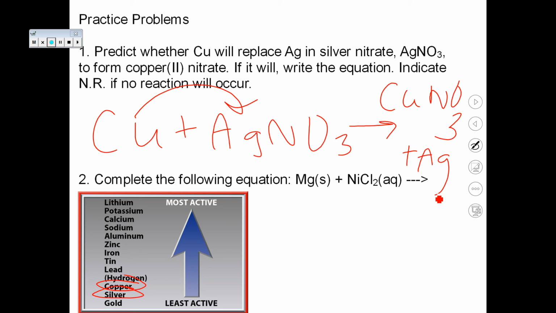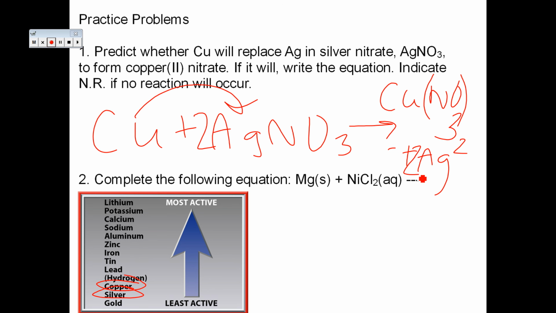Go to your red, white, and blue periodic tables to write the correct formula for Cu(NO3). You see that copper's oxidation number is 2, nitrate is 1. So when you drop and swap, this will become Cu(NO3)2 plus Ag. To balance it, you'll put a 2 here, and you'll put a 2 here.